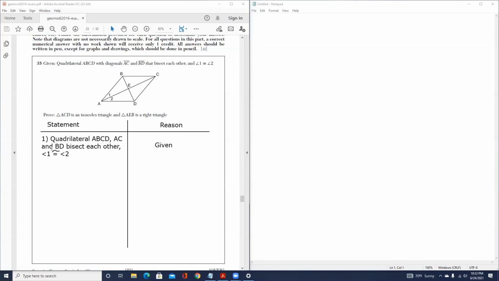So let's see what we can do. The first thing we can do, if we look at the parallelogram, we can prove that both sets of sides are parallel to each other. In this case, I'm going to compare sides AB and CD.